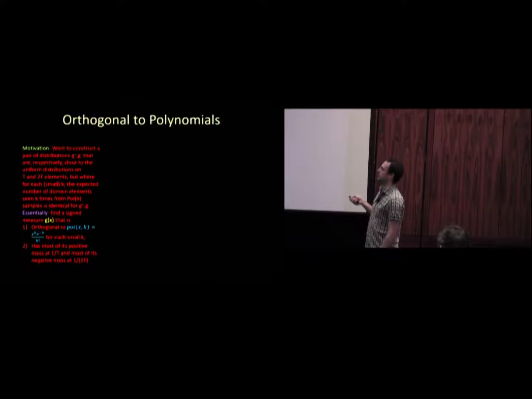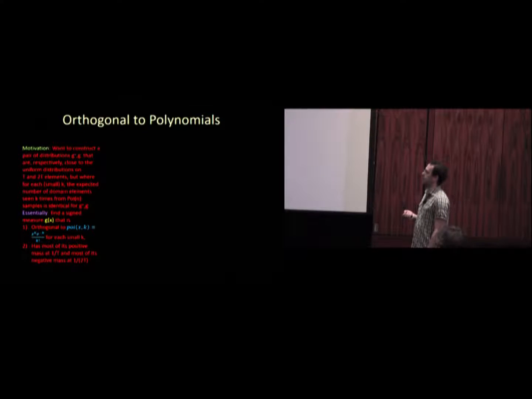Say G plus is very close to the uniform distribution on T elements, and G minus is very close to the uniform distribution on 2T elements. These distributions look drastically different, and it would be thoroughly embarrassing if we couldn't tell them apart. But because we're trying to prove a lower bound, let's figure out under what conditions we can show that we can't distinguish nearly uniform on T from nearly uniform on 2T. This would again show that we can't estimate entropy within an additive log of 2, that kind of thing.